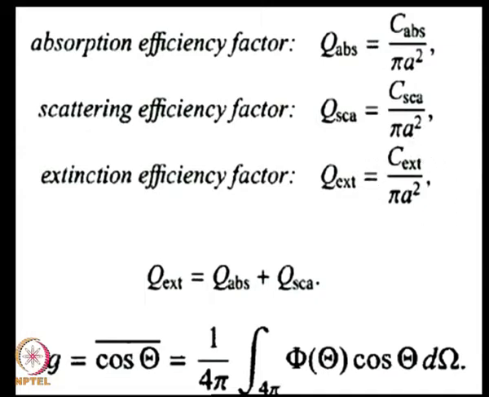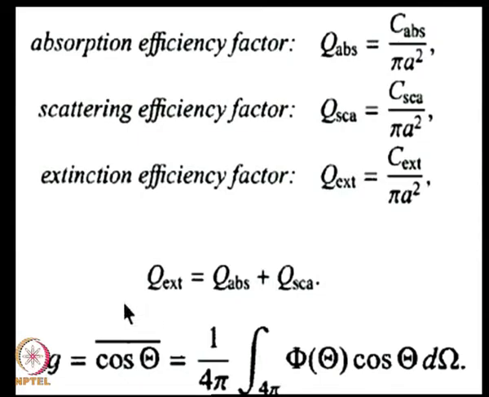There is also another important factor called the asymmetry parameter, because when there is scattering, you would like to know how asymmetric the scattering is with respect to forward or backward scattering. This is very important, because that determines where the photons will travel.